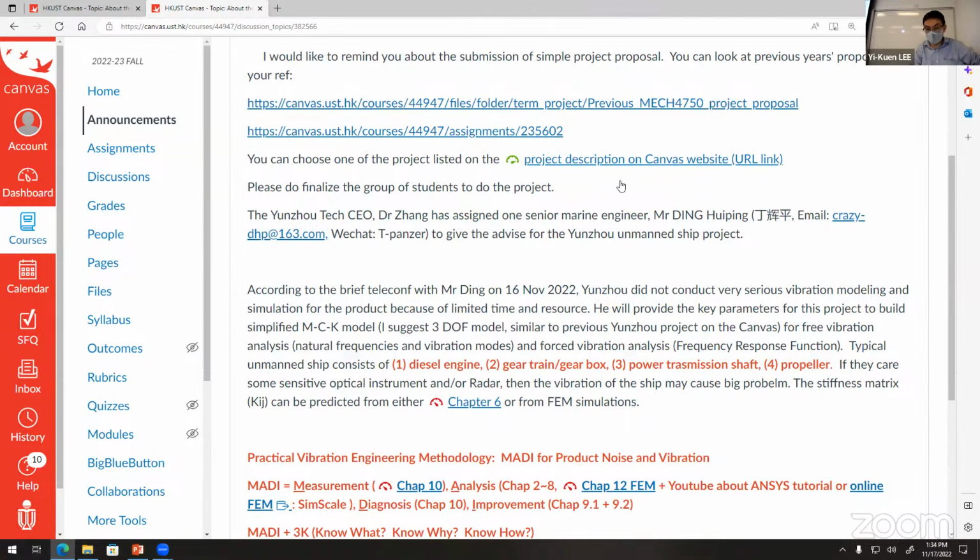This is a typical thing we care about. And the second thing is forced vibration. Once you turn on the engine for this particular Yunzhou Tech unmanned ship, there's a diesel engine, so we need to determine the frequency response function.